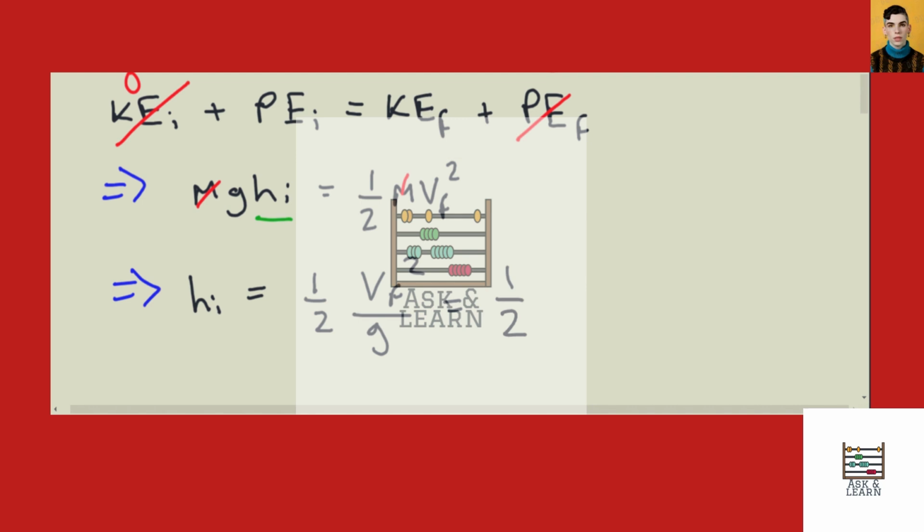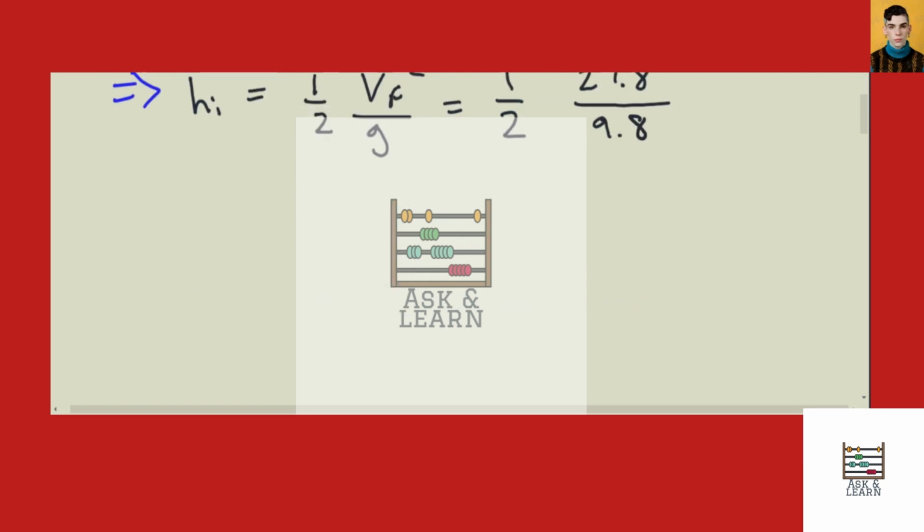And of course, now you can plug in your numbers. So velocity 27.8 squared divided by 9.8. So the height we want, height initial, is equal to 39.4 meters.